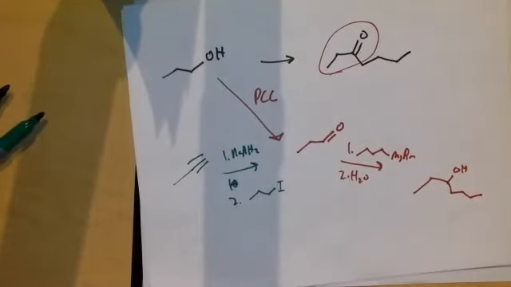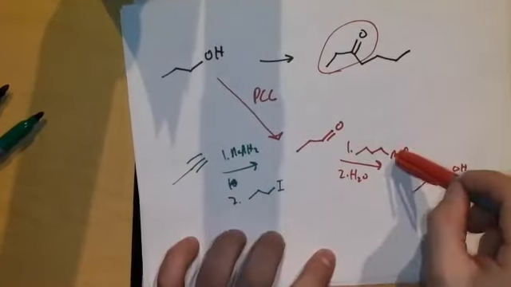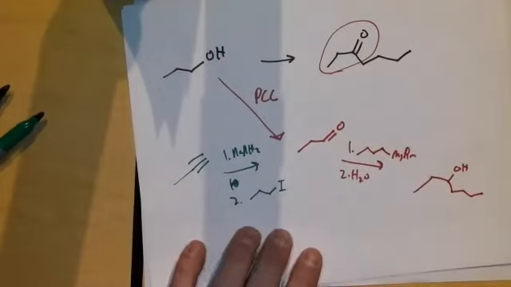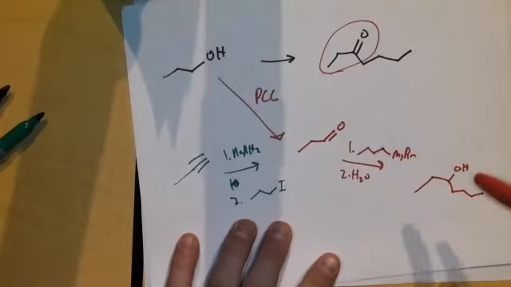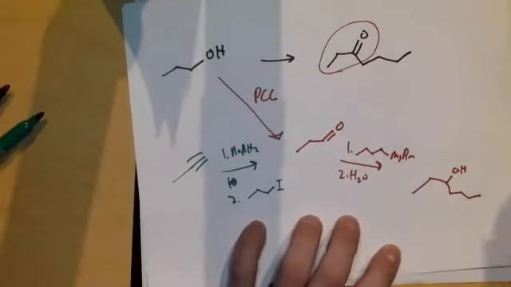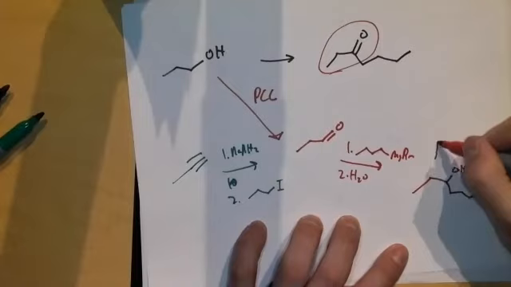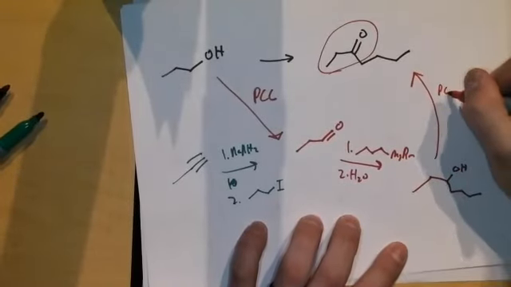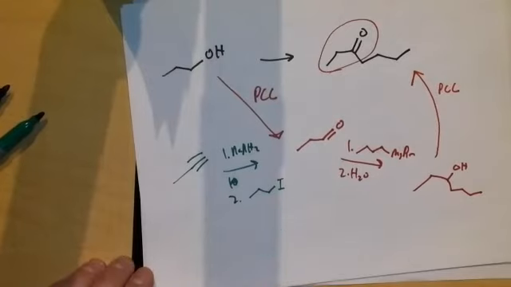That gives us the basic structure. When this attack happens, we end up reducing this down to an alcohol. So from here, we just need to do another oxidation. We could throw in PCC again. Technically it's secondary, so we could also throw in chromic acid. And that could get us to our final product.